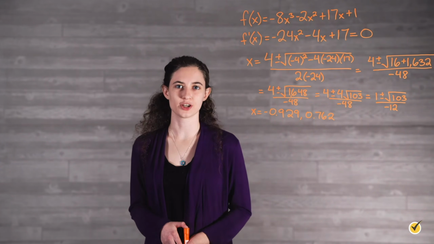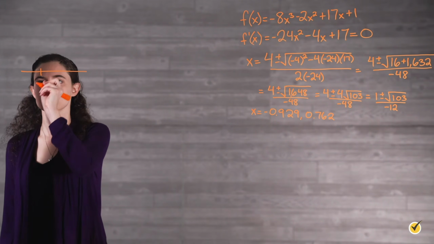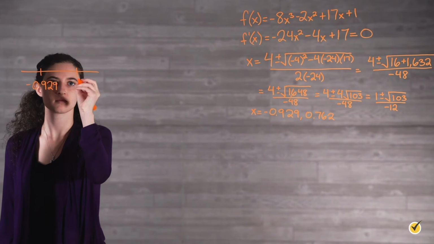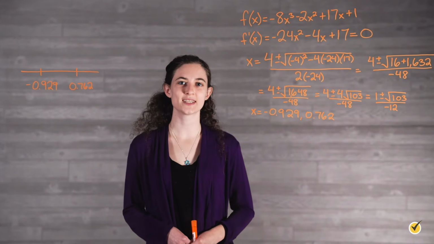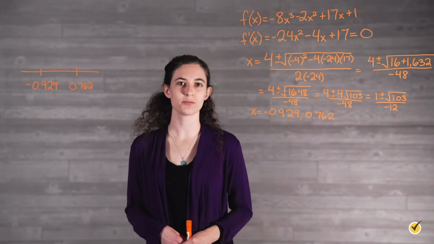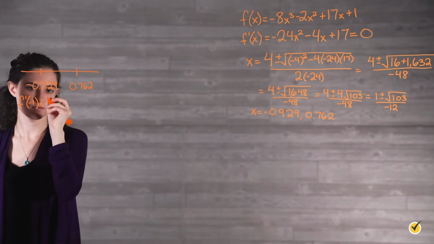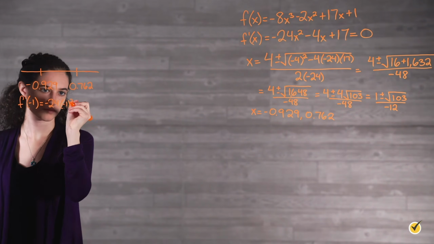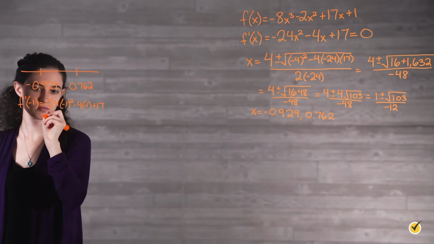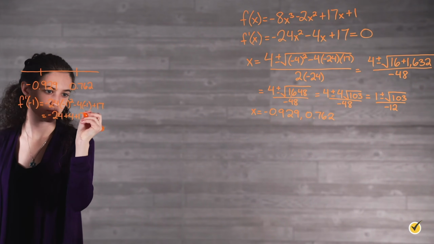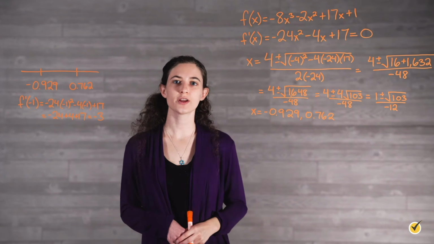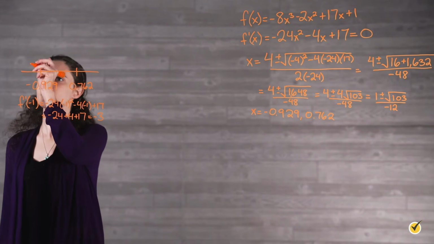Next, set up your interval chart. Choose a number less than negative 0.929 to plug into the derivative function. This is negative, so write a minus sign here.